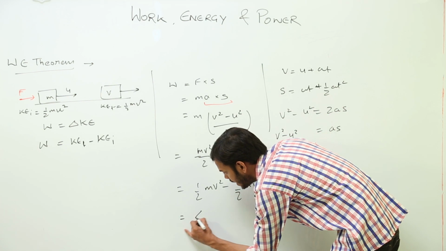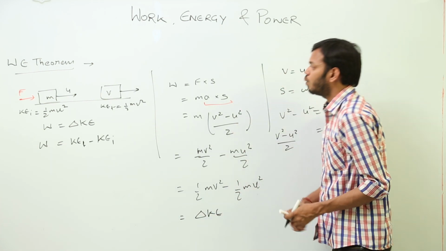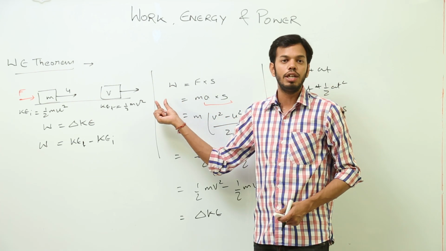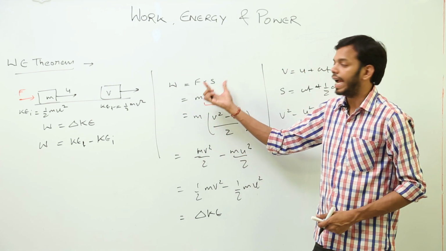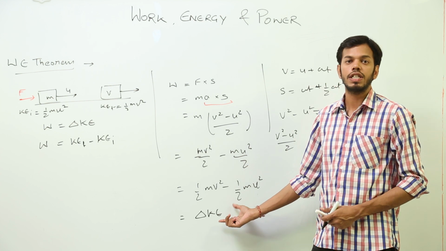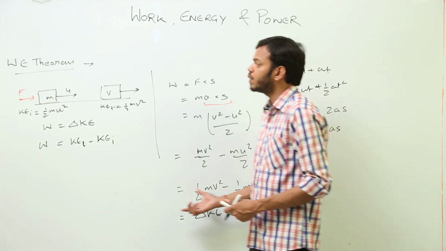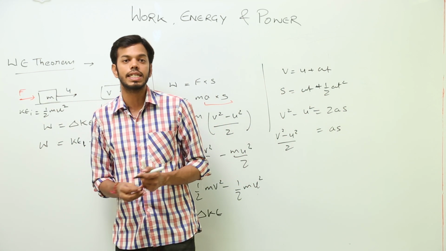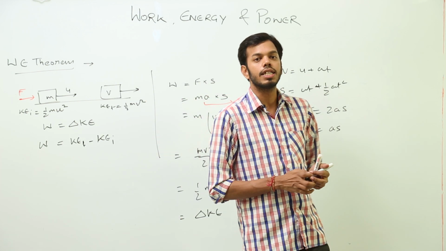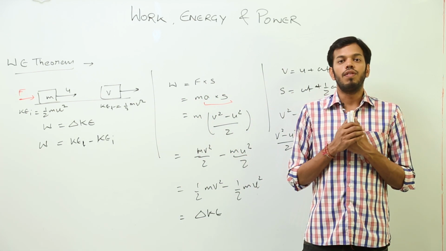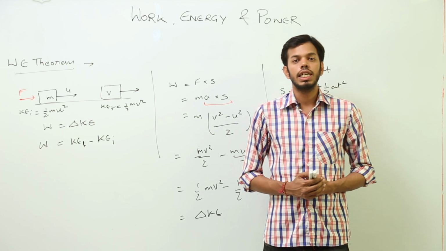So this is change in kinetic energy. What we did was evaluate the work done and we reached the change in kinetic energy. This proves that the work energy theorem exists. So in general, the statement is: work done is equivalent to change in kinetic energy.